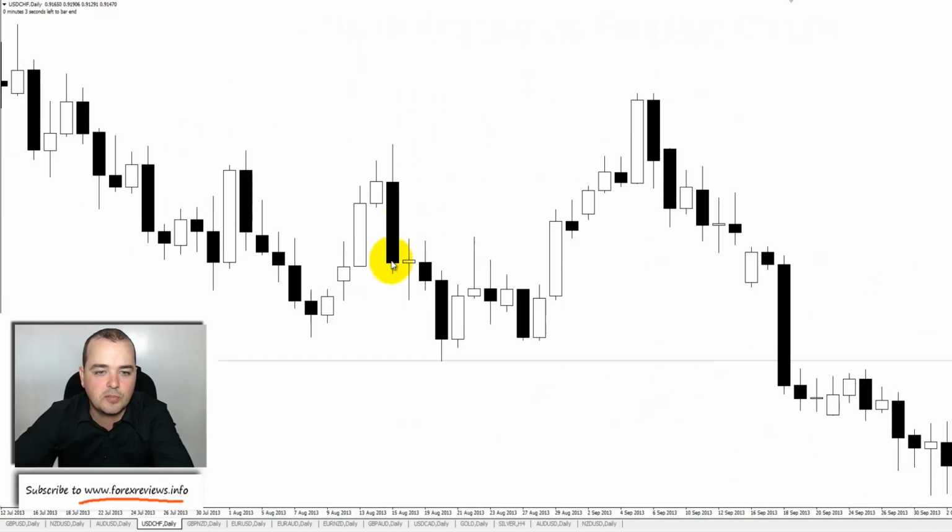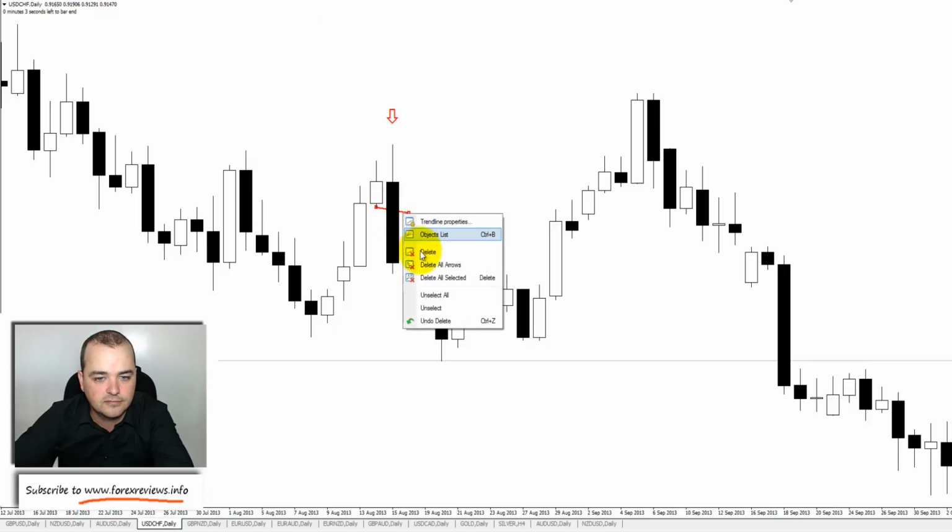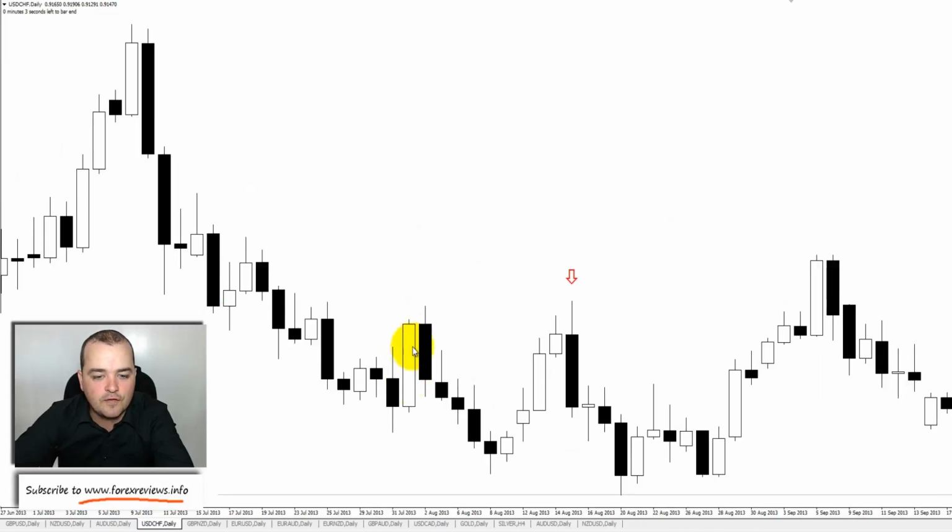Let me pull the chart back to find another one. Here's an example of a bearish engulfing, breaking below, hitting stops about here, and the market went down. Very simple. Here's an example of a false bullish engulfing candle.